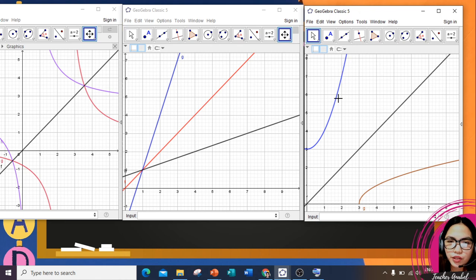So, yung graph natin ito, with referencing na yun sa reference line natin. And then this one, ito yung function natin. And then yung inverse niya, ito naman. So, ano yung napansin sa graph ng function at inverse?